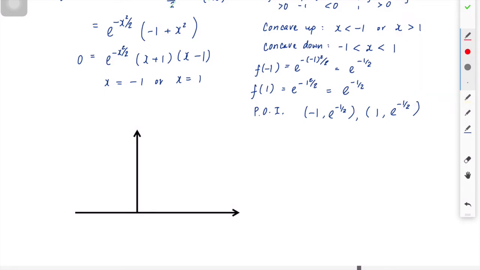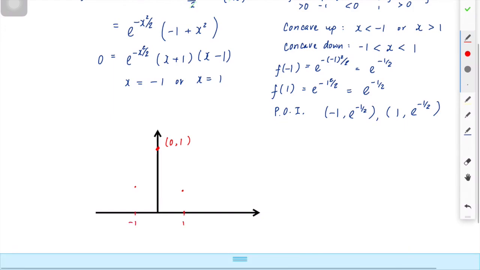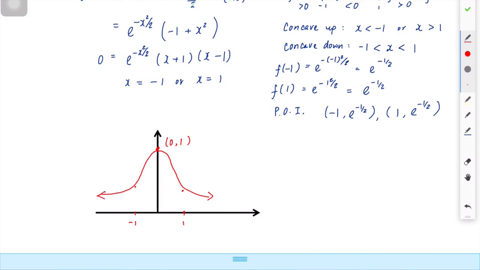Okay. At (0, 1) I have a maximum. At negative 1 and 1, at the same level, I've got my points of inflection. So roughly, it's going to look something like this.